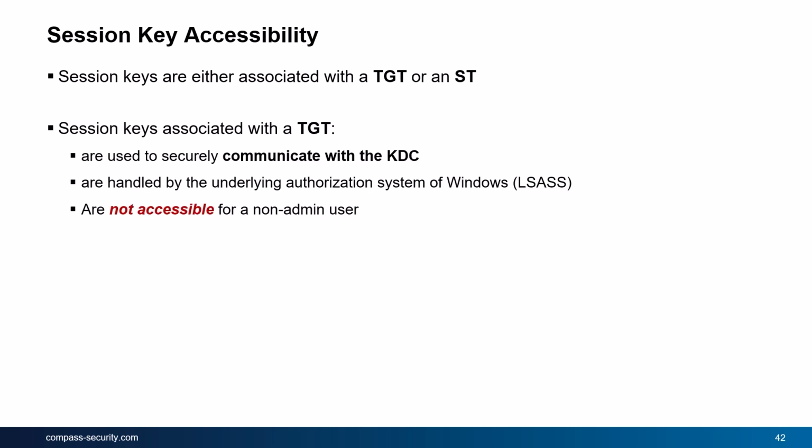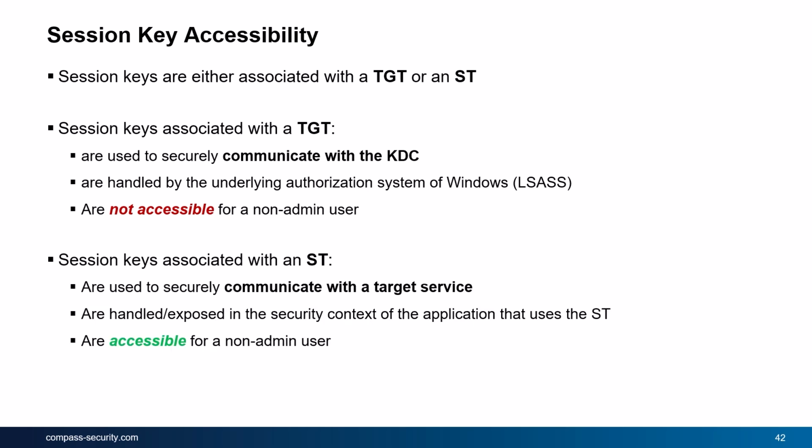Session keys associated with the TGT are used to communicate with the KDC. The whole communication with the KDC, this first step of the Kerberos authentication flow, is handled by the authorization system of Windows, the LSASS, and the session keys in their raw form are not accessible to a regular user without local admin privileges. So there's no way we can dump them.